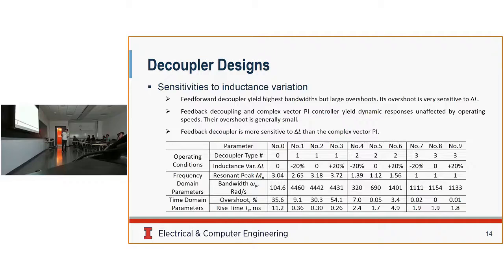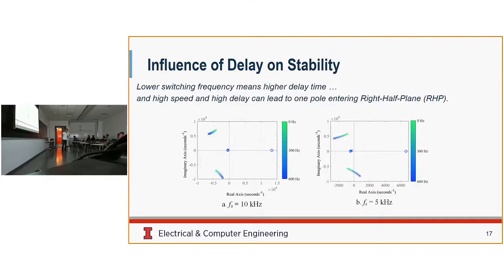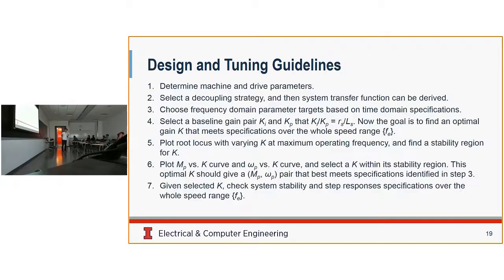You can see a clear positive correlation between them. So you determine the frequency domain parameters based on the time domain specifications, and then you select the gain pair ratio according to your circuit parameters. And now the goal is to find the optimal gain K that meets the requirement.